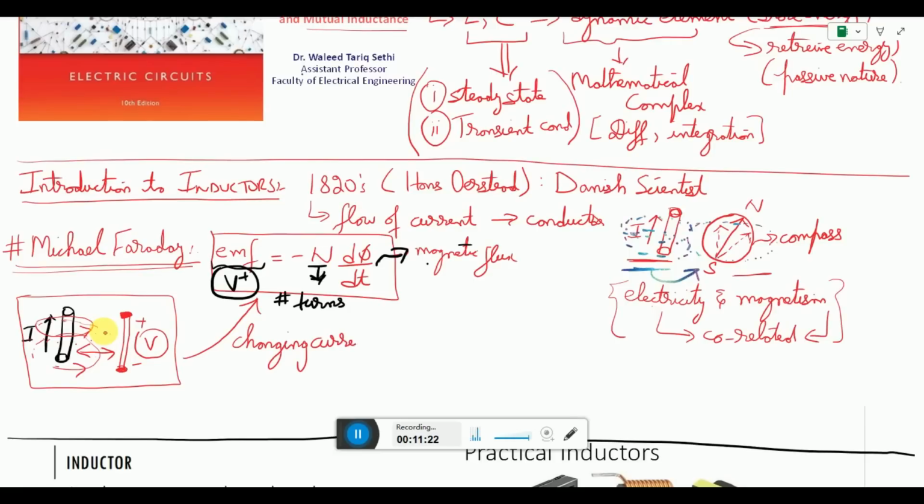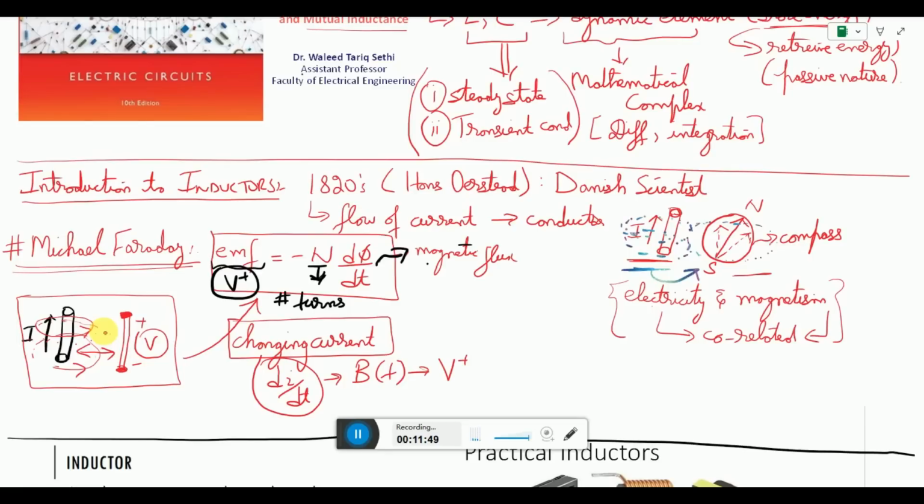So as long as we have a time varying current, let's say di by dt, this time varying current is going to produce a time varying magnetic field, and then this is going to produce the induced voltage. So this is the condition: in order to have this induced voltage, you need to have the current changing with regards to time. This is what Michael Faraday proposed, and this is how we got our EMF equation.